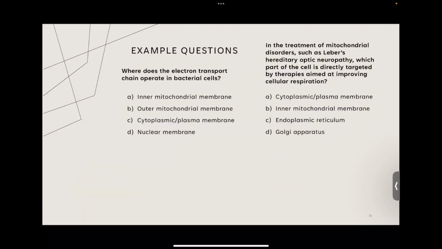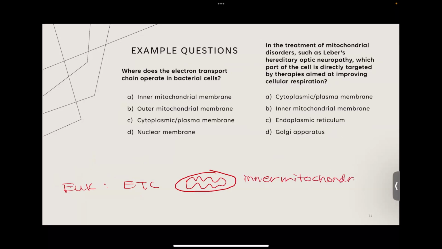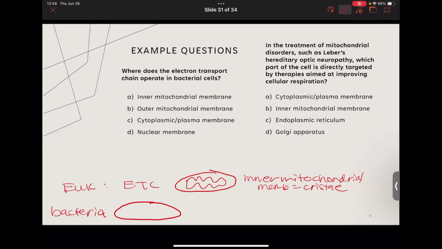Electron transport chain. In eukaryotes, the electron transport chain is on the inner membrane of mitochondria called the cristae. In bacteria, this is a bacteria cell, and it might have a cell wall on the outside.